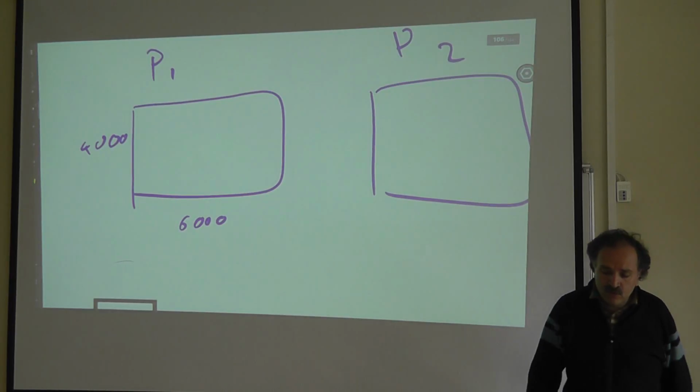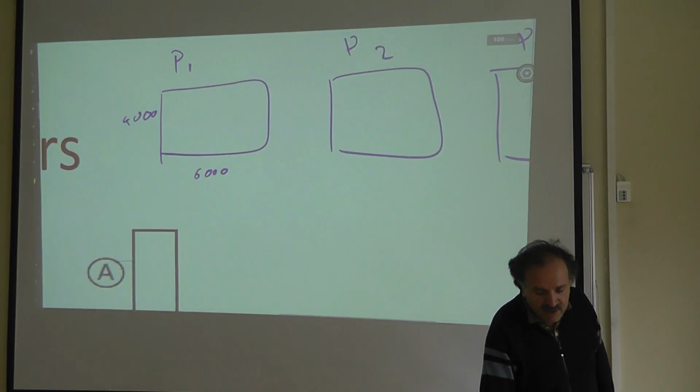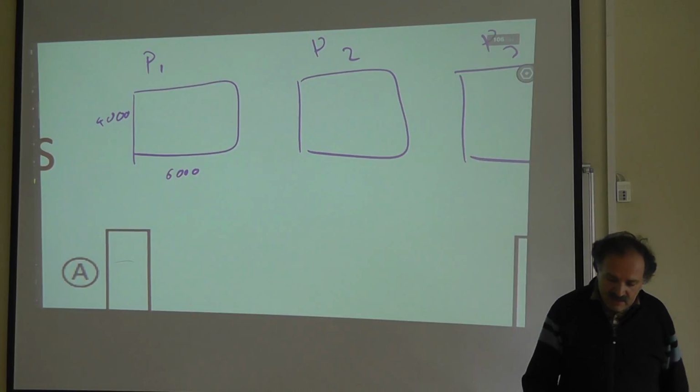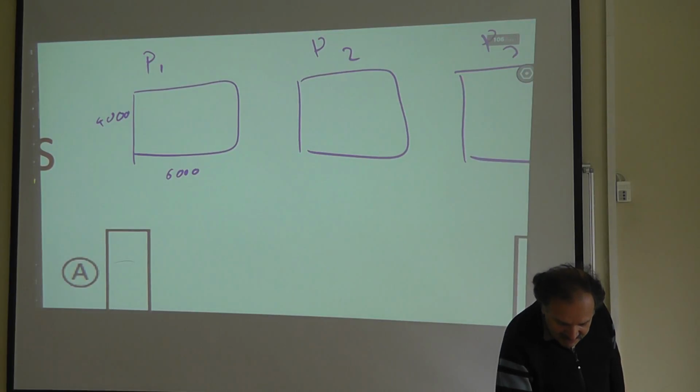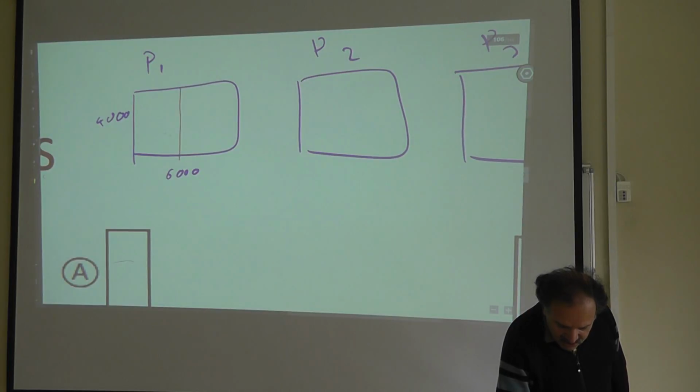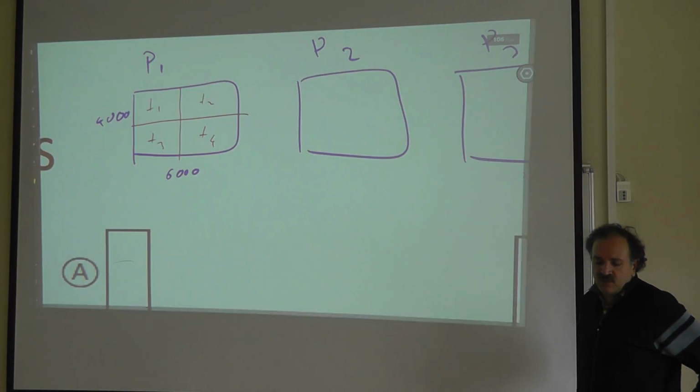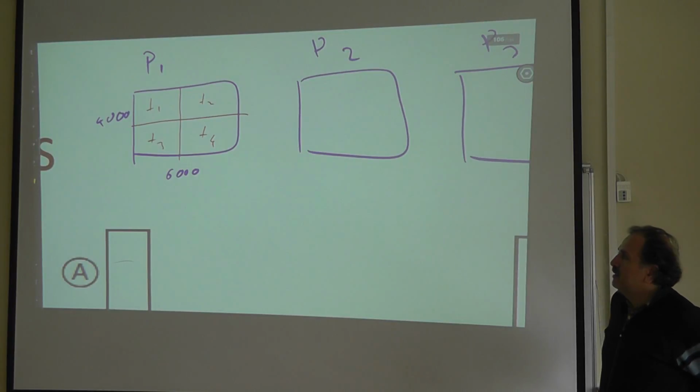If I wanted to process this picture using multiple threads, I might divide this picture into 4. This will be thread number 1, thread number 2, thread number 3, and thread number 4. So my 4 threads are processing this picture in parallel. They are not dependent on each other. They can continue working on it.